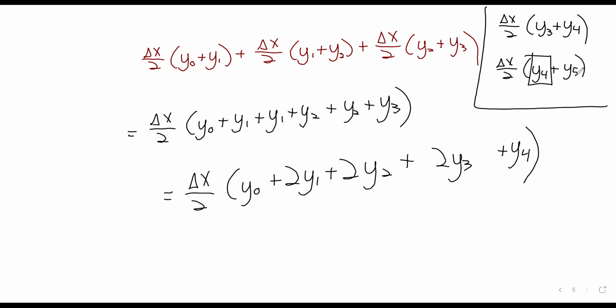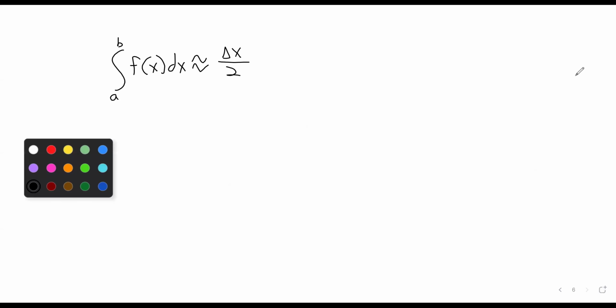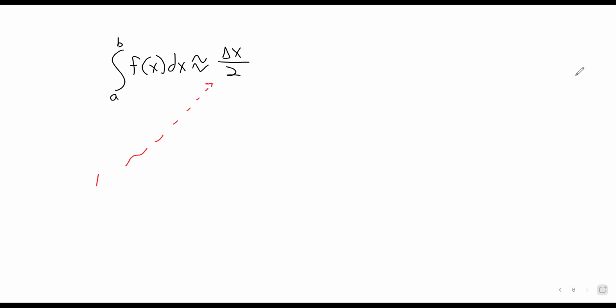So the trapezoidal rule becomes the integral from a to b of f of x dx is approximately delta x over 2, where this delta x depends on how many rectangles we're using.